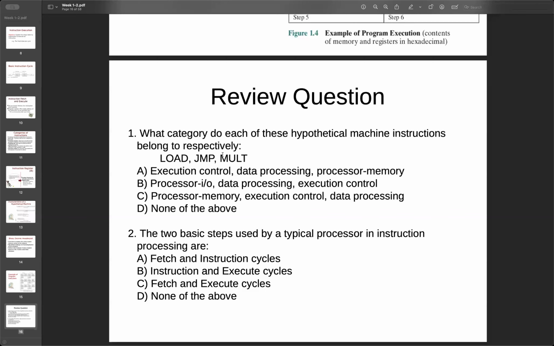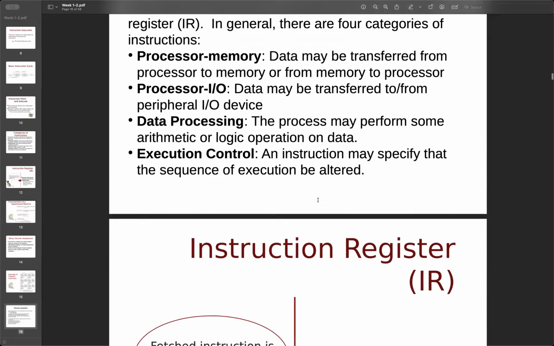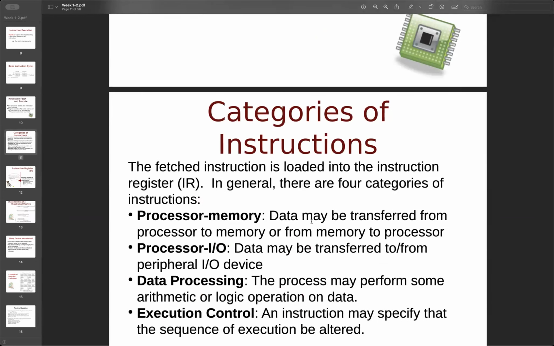Probably from memory to our processor. Maybe jump, from a certain location to any location. And then multi, like times, calculation, processing. So you can try to match with the categories right here.